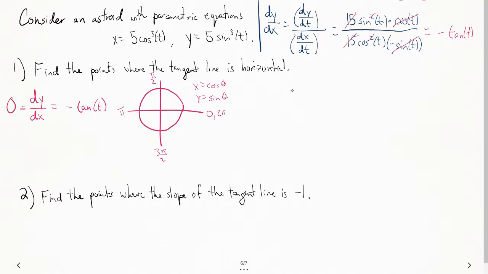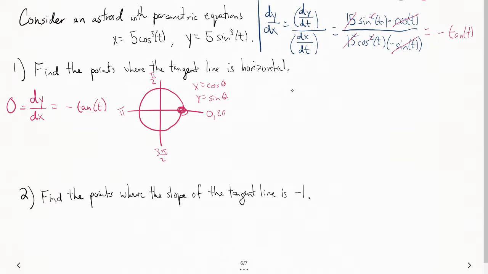If you have a unit circle, your x value is cosine theta, your y value is sine theta. Usually you can generalize it to x equals r cosine theta, y equals r sine theta, and so forth. But in terms of what we're looking at here, we want this negative tangent t to be equal to 0. Well, that would be where the sine is equal to 0.